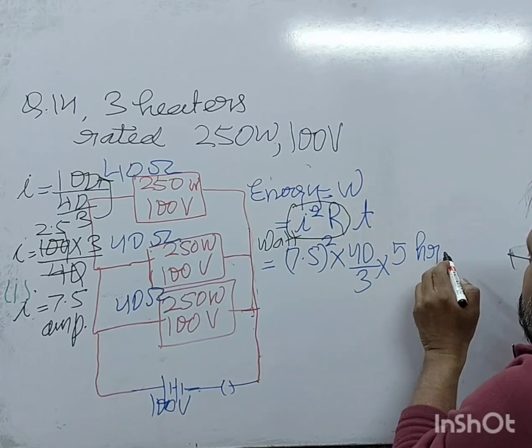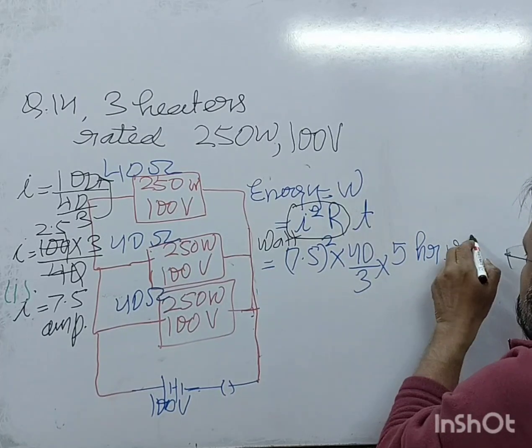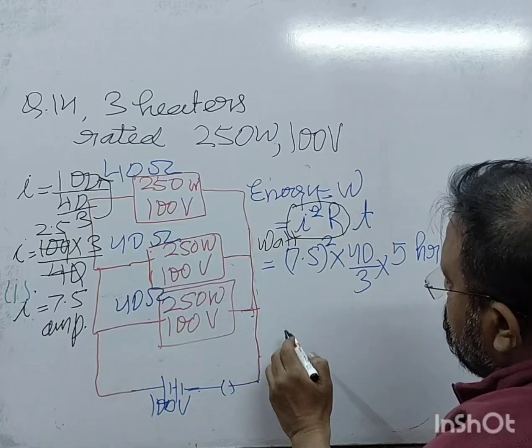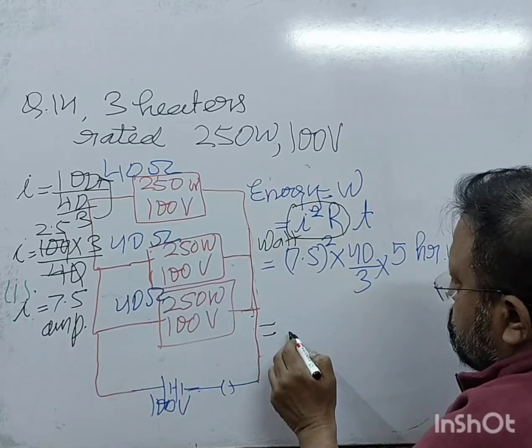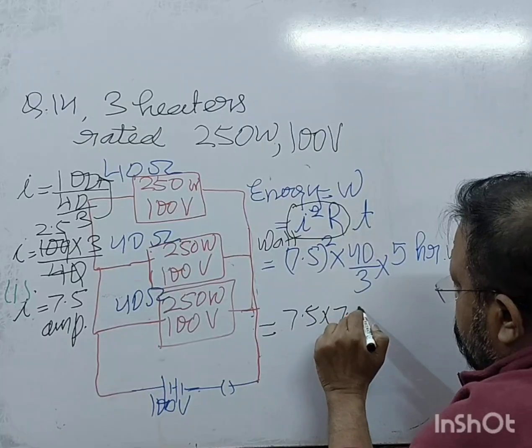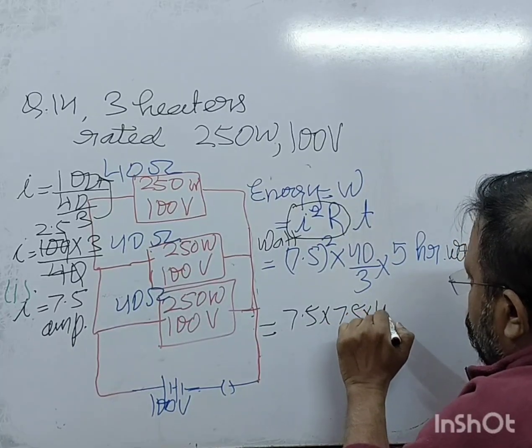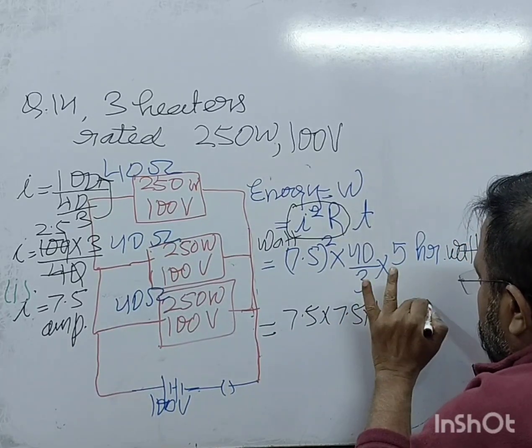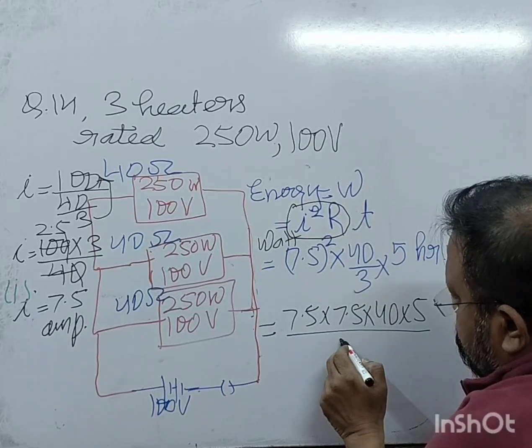Now when we solve this, it is 7.5 into 7.5 into 40 into 5 upon 3.